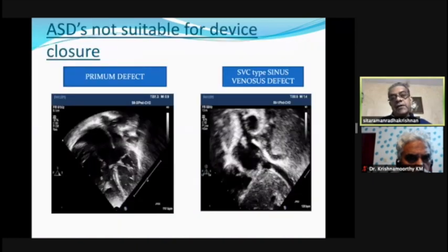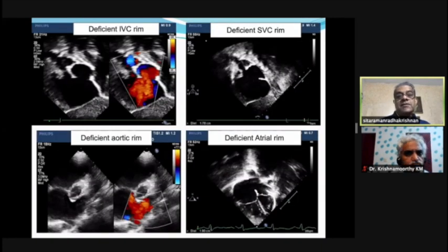These are some of the ASDs which cannot be closed. Ostium primum defect, sinus venosus type of defect, completely out of question. And these are some series of images, which is actually a fossa ovalis defect with very deficient rims.